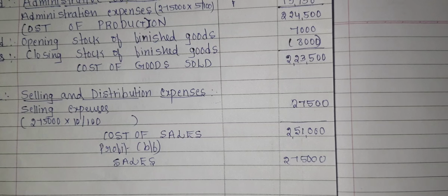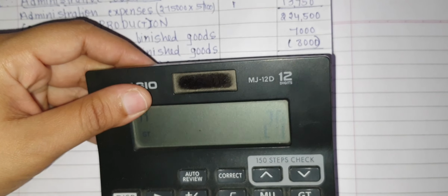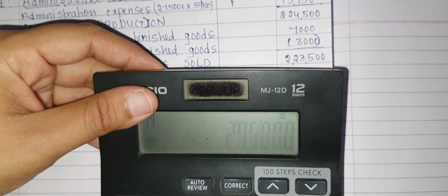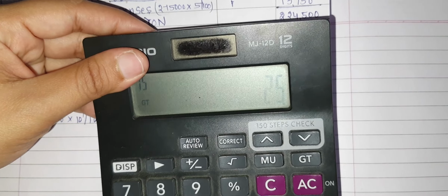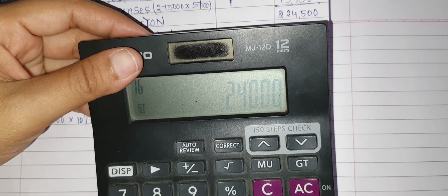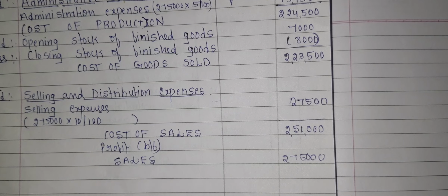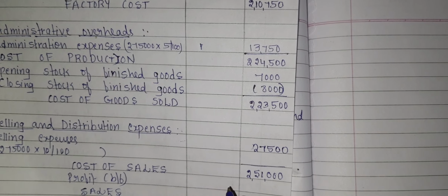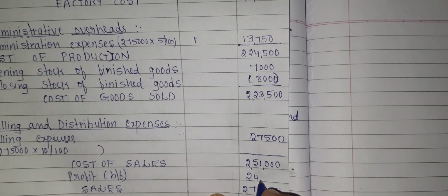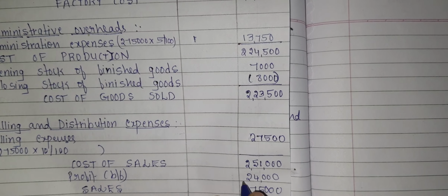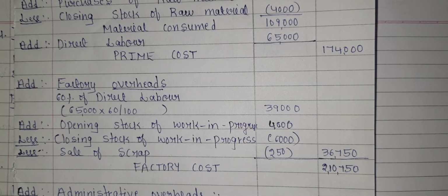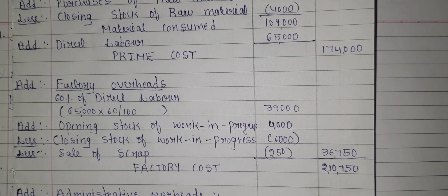Clear? That is equals to sales is rupees 2,75,000 minus total cost, that is rupees 2,51,000. So that is rupees 24,000 is our profit. That is our balancing figure. Sales minus cost, 24,000. Clear? I hope this problem is clear to you all.